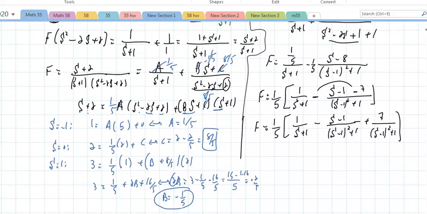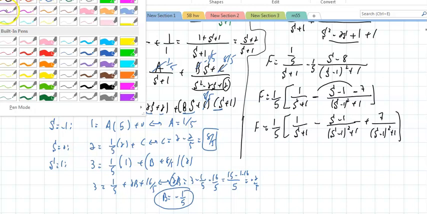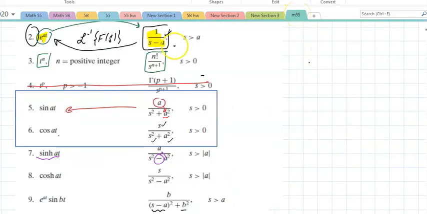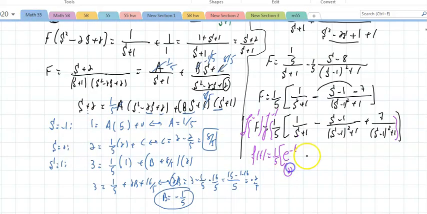And now let's apply the Laplace inverse transform. Wouldn't you say f of t, which is the solution to this equation, is 1/5 times e to the negative t, minus e to the t, which will take care of that shift, making this s over s squared plus 1.